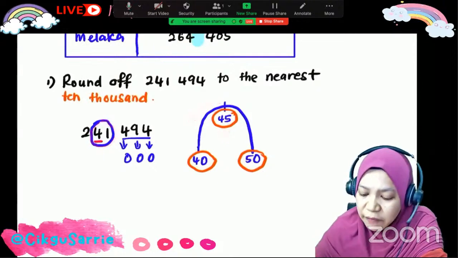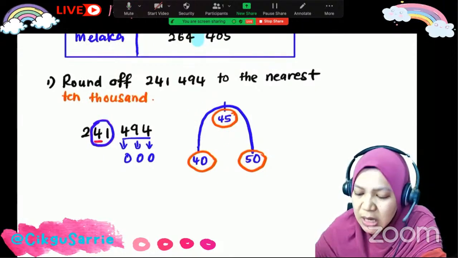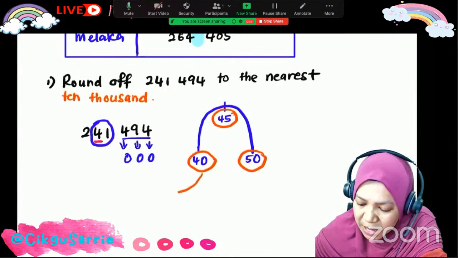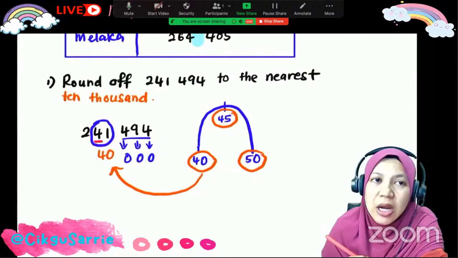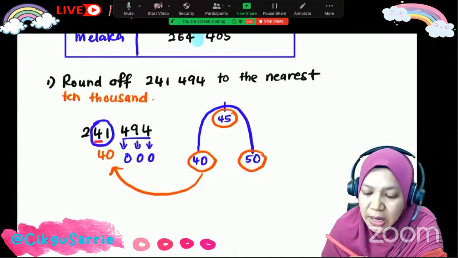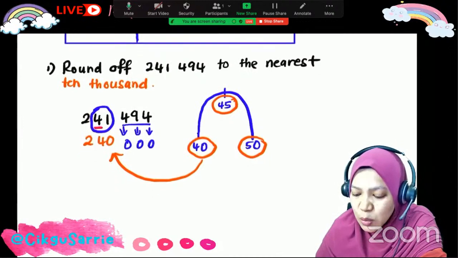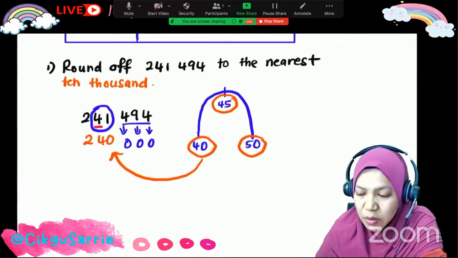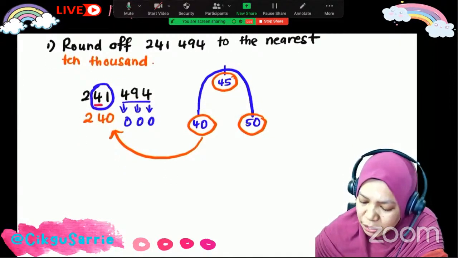So if this circle number is placed before this middle number, we will take this 40 to replace the 41. And how about the digit 2 in front? We just rewrite. So the answer will be 240,000.